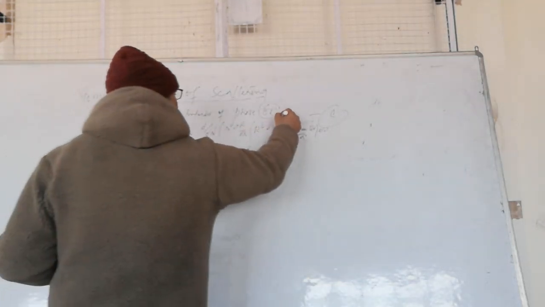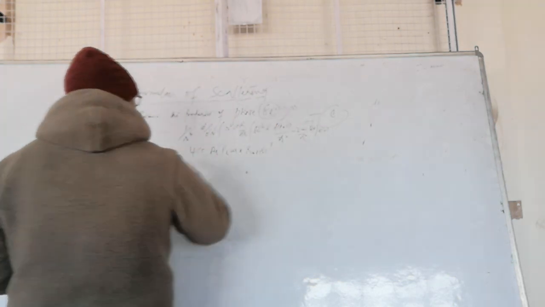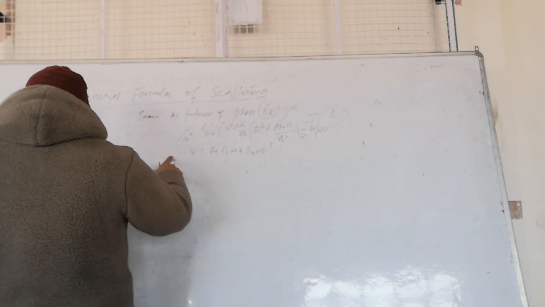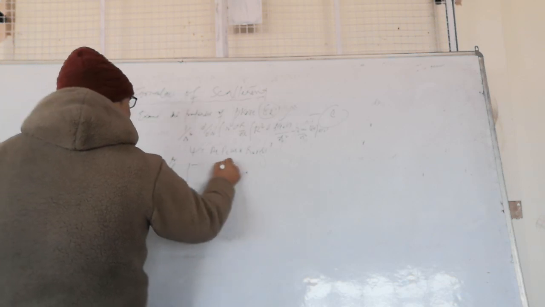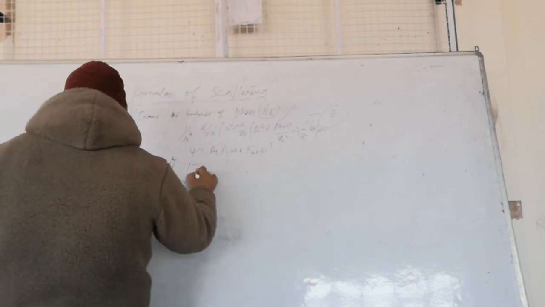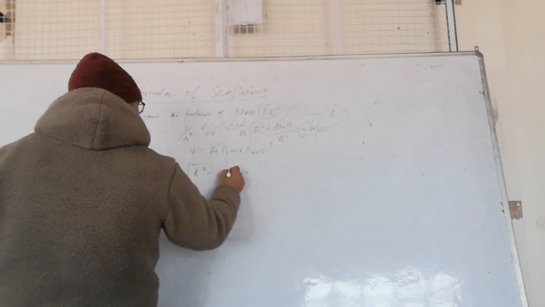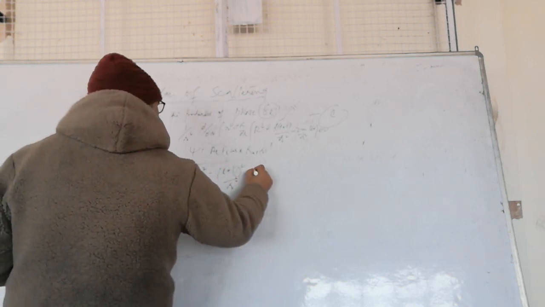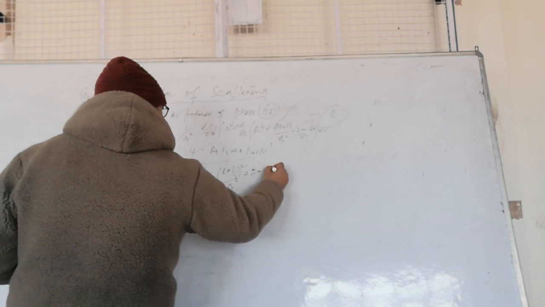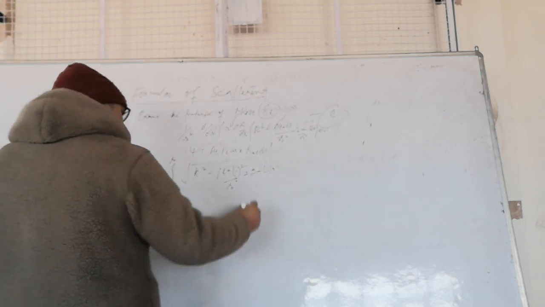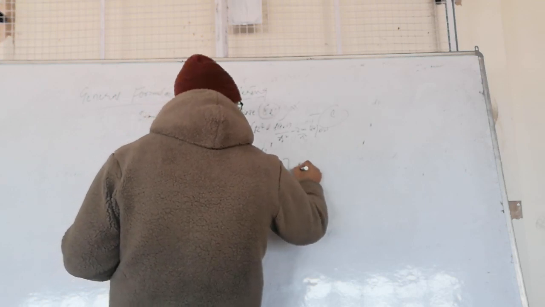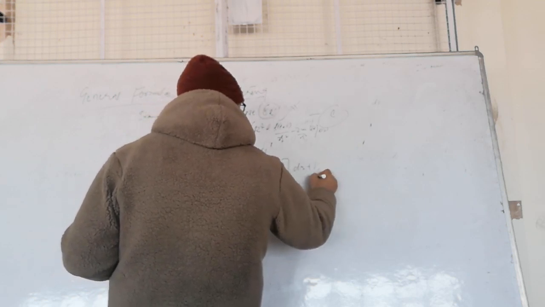We take, for large L, the motion going from R1 to R, satisfied by this integral: the square root of k squared minus L plus half squared over r squared, dr, plus 1 by 4 pi.